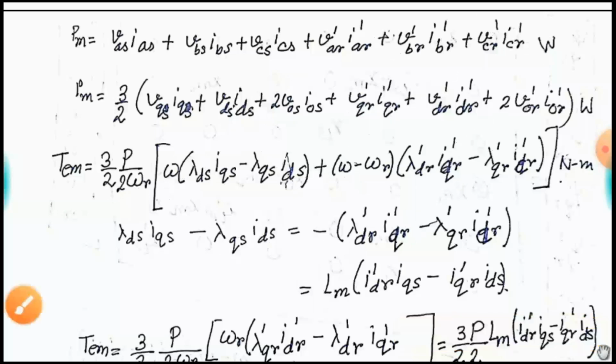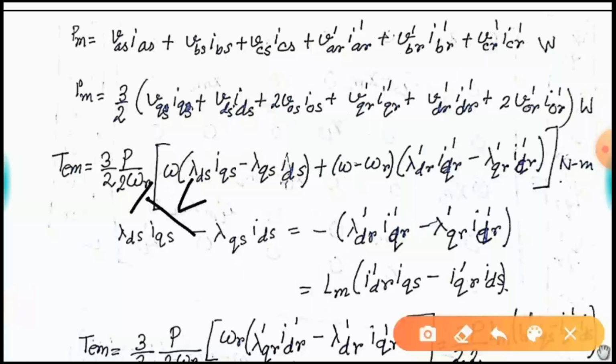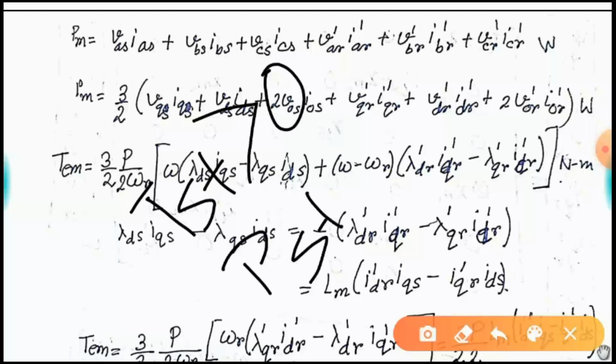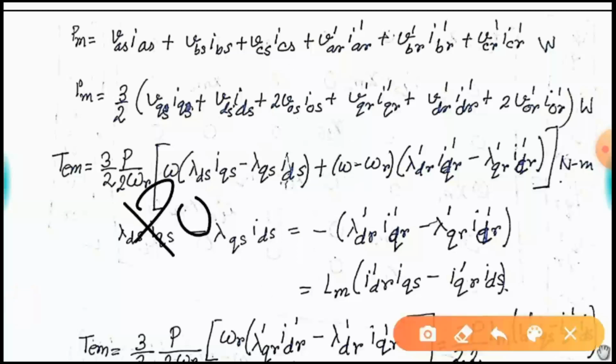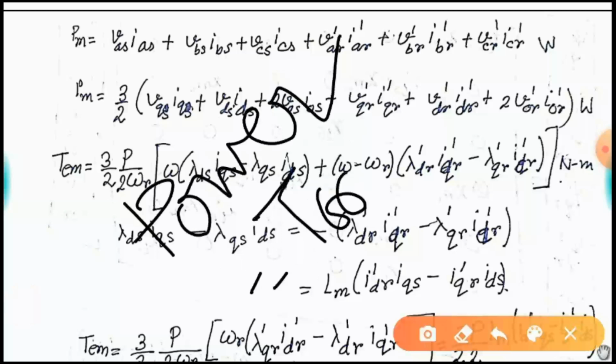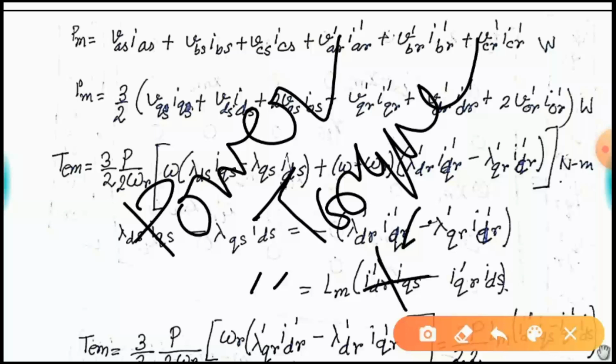But that is very absurd, because as we know, before starting the motor, when it is at standstill, we have a finite torque T_ST greater than 0, but P_ST is equal to 0. That is obvious, because power is equal to torque into speed.